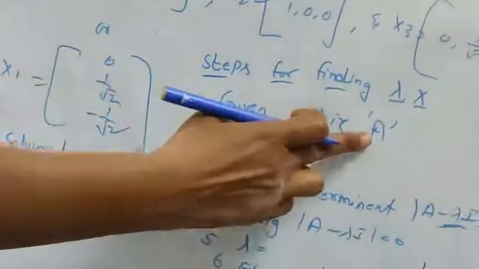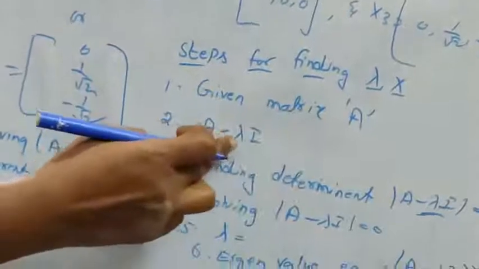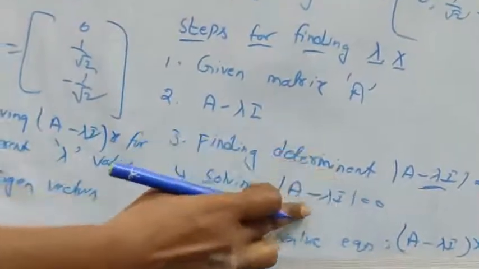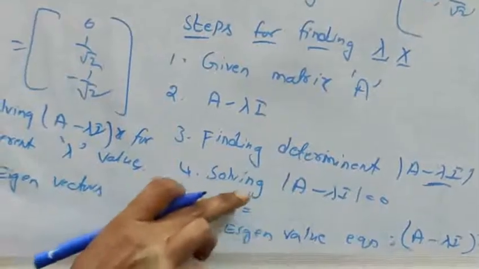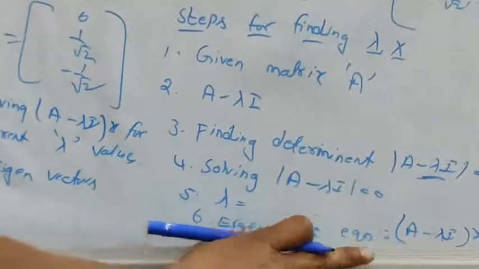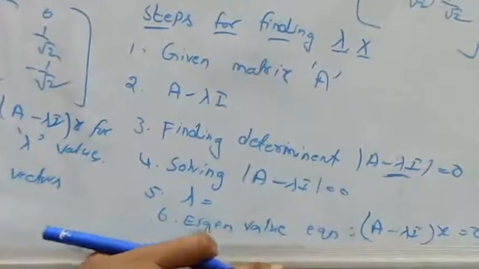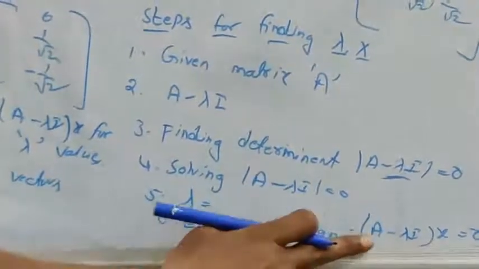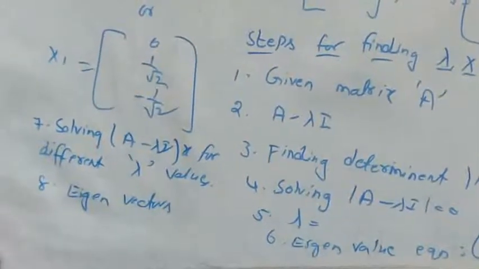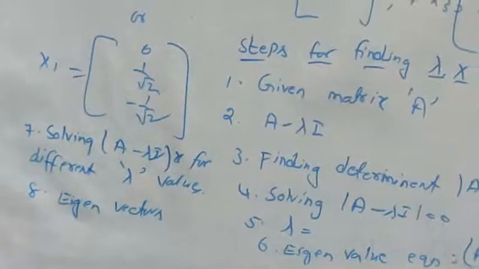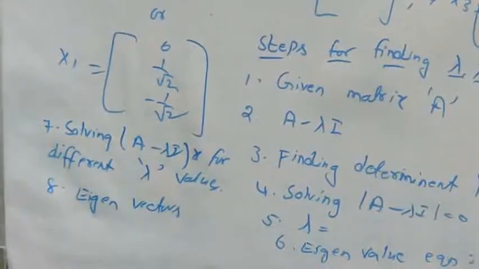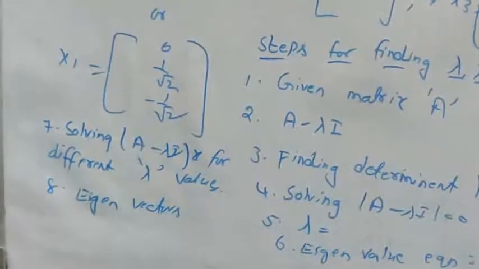First consider the given matrix, then apply A minus lambda I, then find the determinant of that. By solving the determinant, you will get lambda values. After getting the lambda values, consider the eigenvalue equation, A minus lambda I into x. Then by solving this, you will get different eigenvectors. So this is the procedure for finding the eigenvalue, eigenvector and characteristic equation.